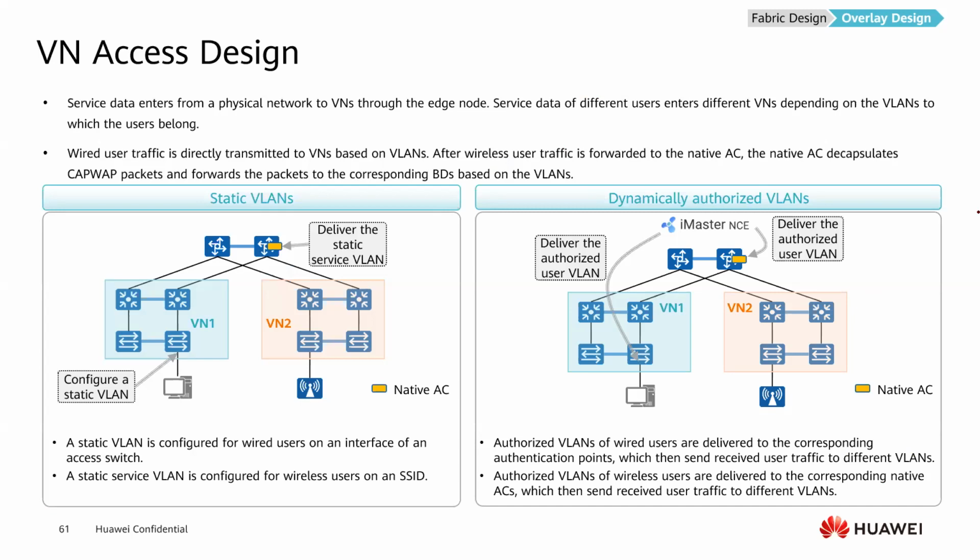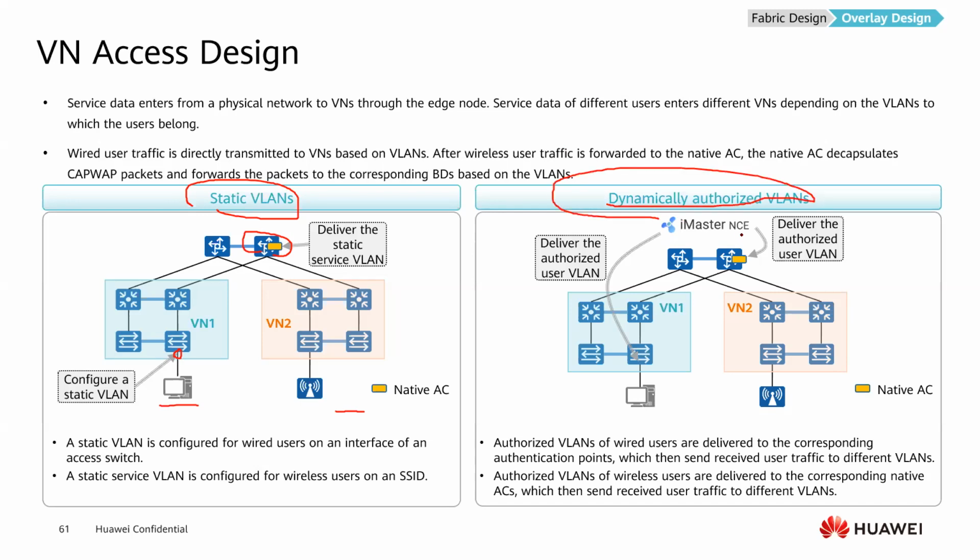There are two ways for the users to get the VLAN. One is the static VLAN. For the static VLAN, you just configure the VLAN manually on the switch interface for the wired users, or on the APs for the wireless users. And also, it can dynamically get the VLAN by the authorization, right?